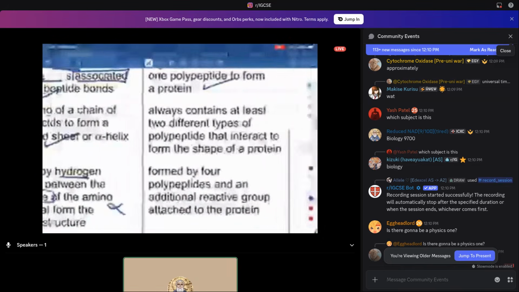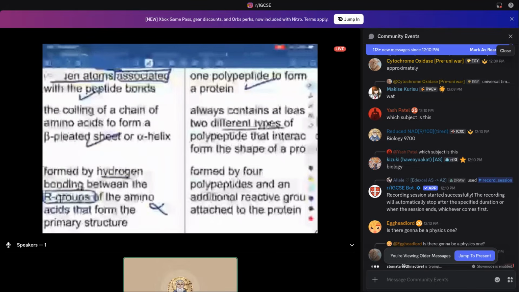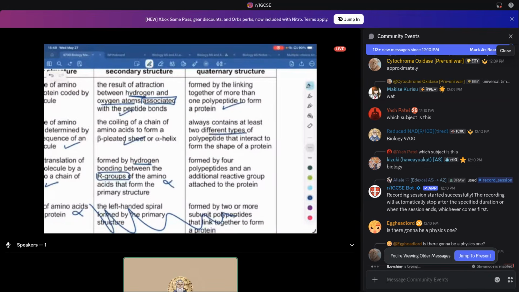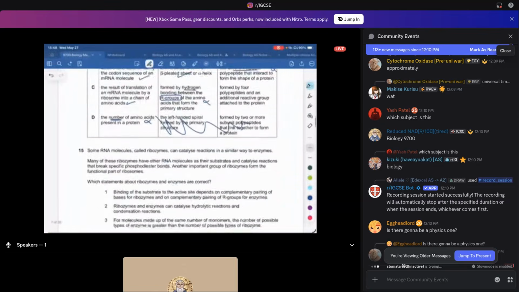Always contains at least two different types of polypeptide? Not necessarily. They can be the same type, two identical copies of the polypeptide. So they're not different. There are two polypeptides, possibly. At least two polypeptides, but not necessarily different. This is incorrect, and so our answer is A.